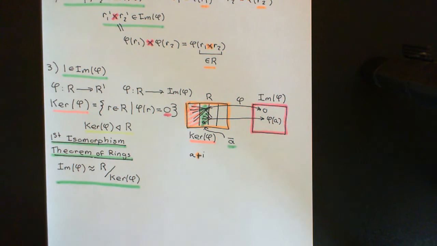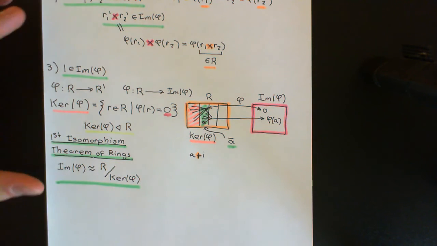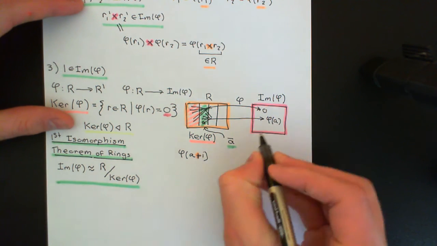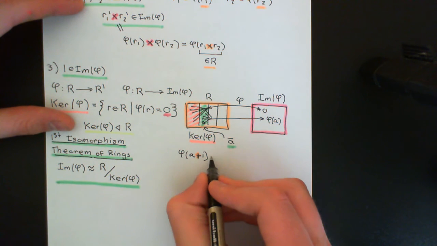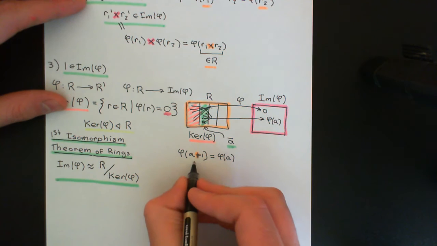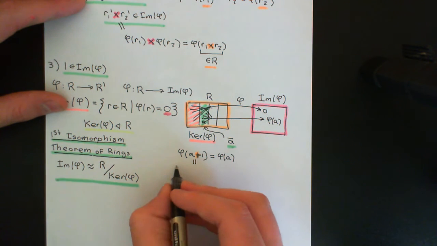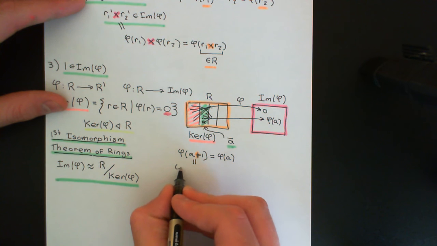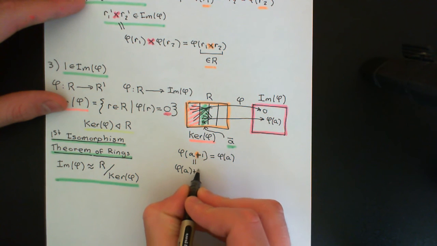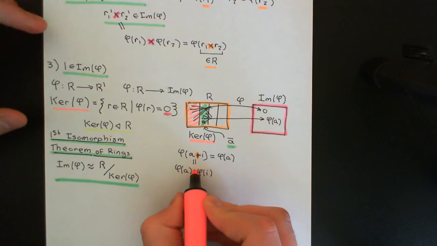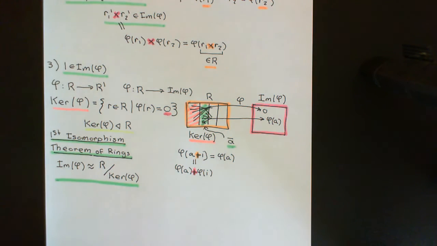Here is our arbitrary other element of the coset, and what we want to show is that phi will map this arbitrary other element onto the exact same thing as A was mapped onto. So I want to show that this is equal to phi of A. Now how can I do this? Well, I can use the fact that the homomorphism's addition is compatible with addition in the codomain ring, so I can split this into phi of A plus phi of the element in the ideal, where this addition is now addition in the codomain ring rather than in the domain ring.